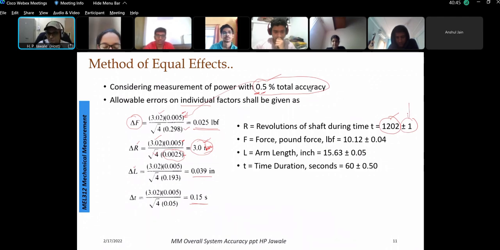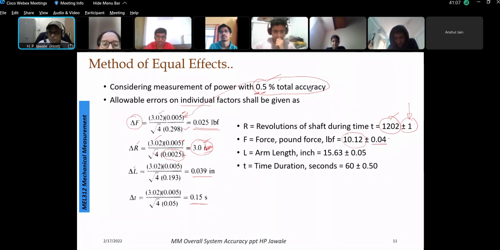So this was more accurate than required if we were to achieve 0.5 as the total accuracy of the system. Then on the force measurement, we earlier measured a force of 12.12 pounds, with a possible error of plus minus 0.04 pounds.